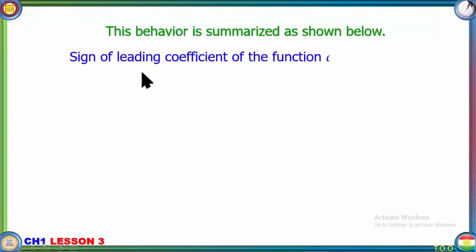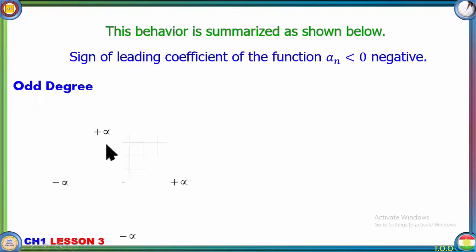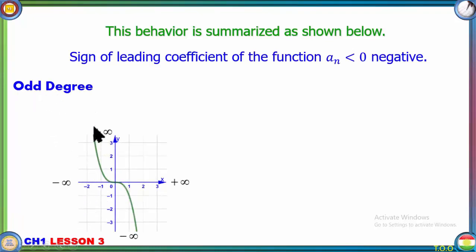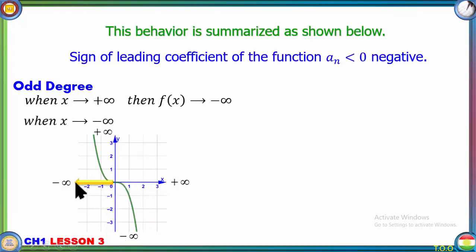If the leading coefficient a_n is less than 0, that means negative, and the degree is odd, then the function will be like this. When x approaches positive infinity, then f(x) approaches negative infinity. And when x approaches negative infinity, then f(x) approaches positive infinity.